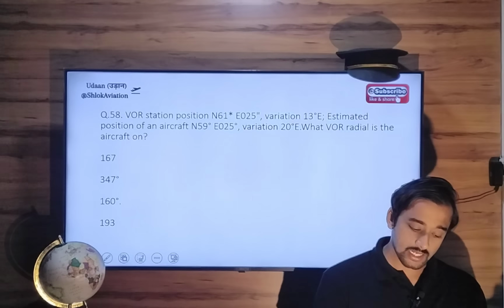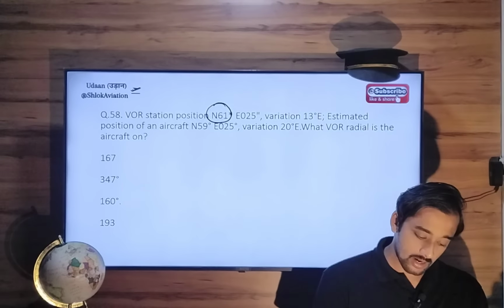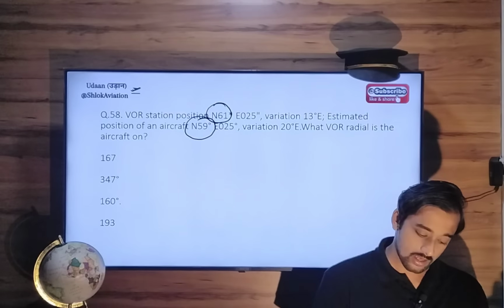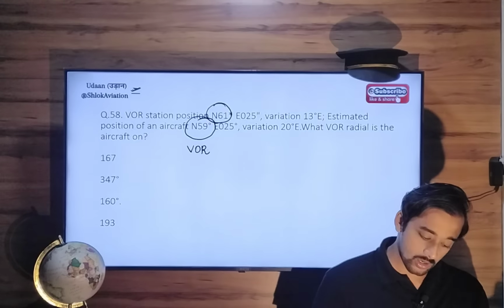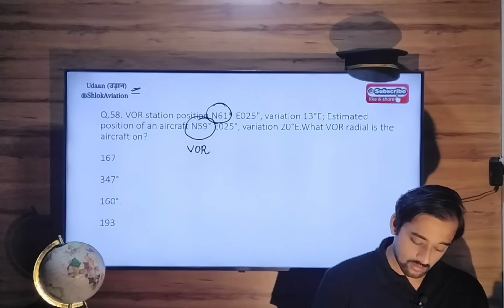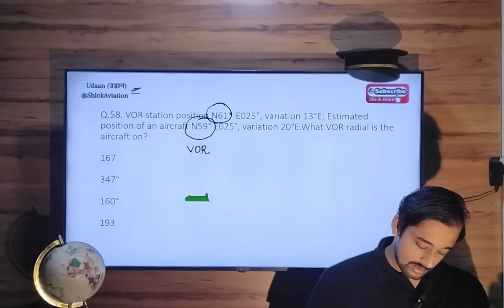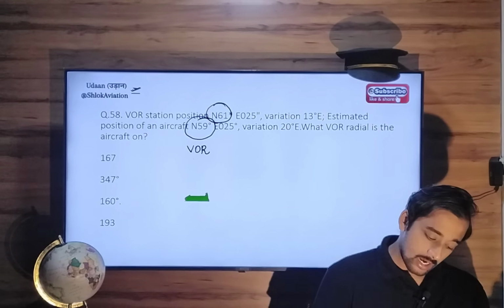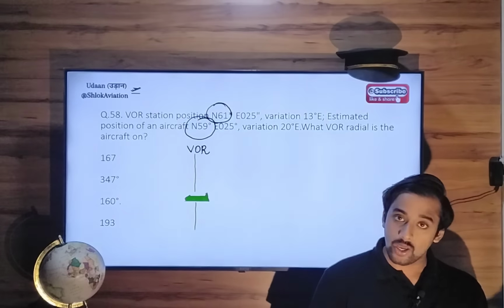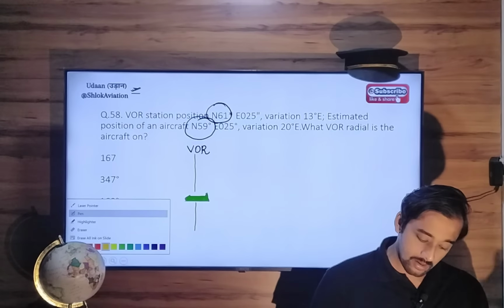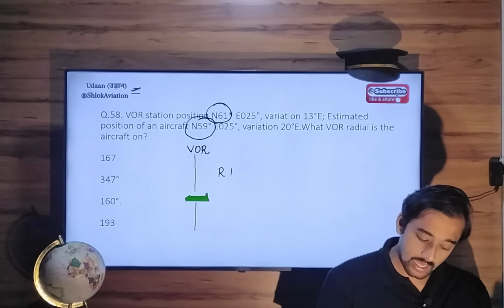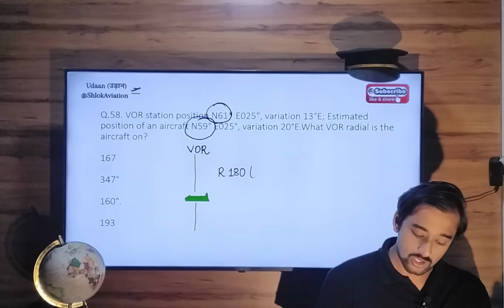Next, VOR is at 61° north, aircraft is at 59° north. So VOR is to the north of aircraft. So that means aircraft is to the south of VOR. That will be radial 180 true.